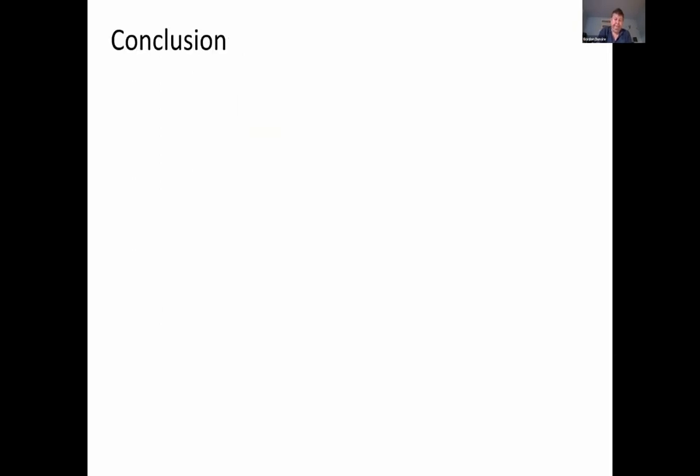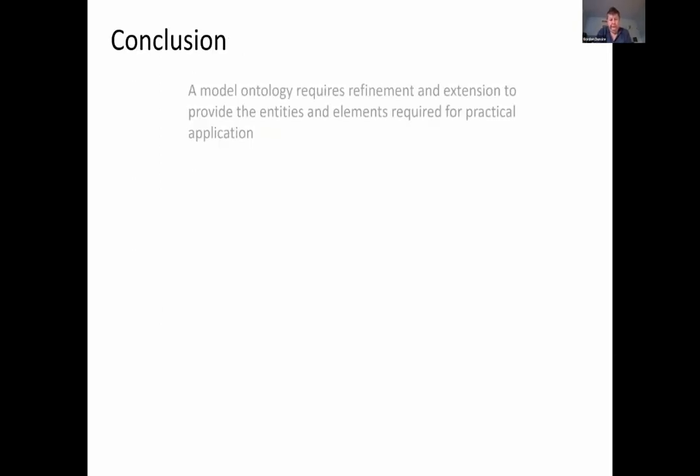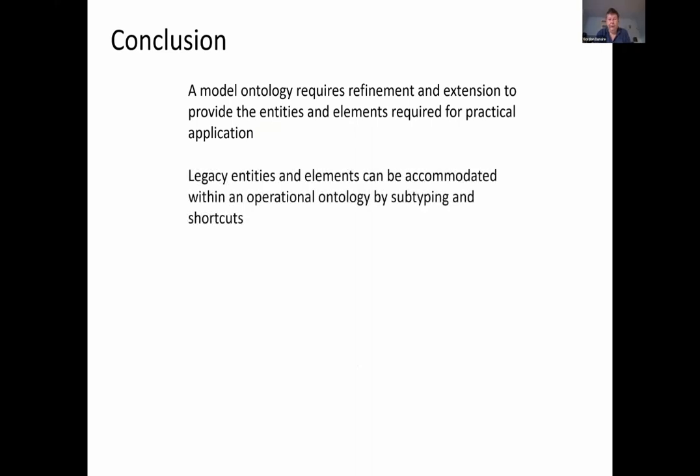So in conclusion, a model ontology requires refinement and extension to provide the entities and elements required for practical application. Legacy entities and elements can be accommodated within an operational ontology by subtyping and shortcuts, and there are various other mechanisms that can be used.